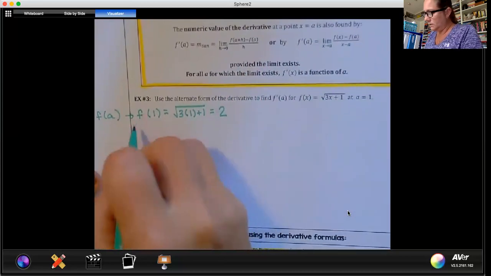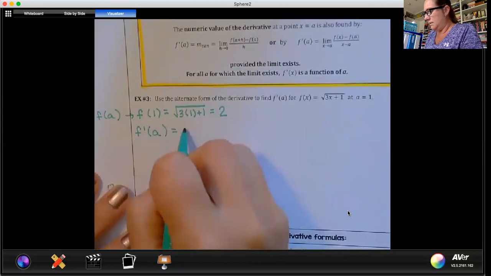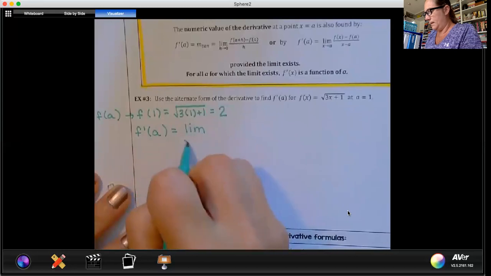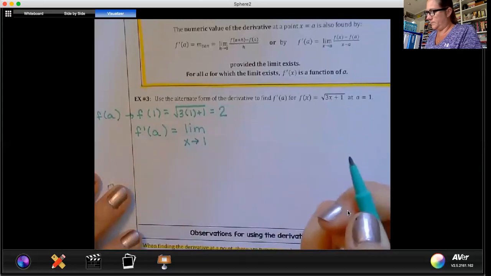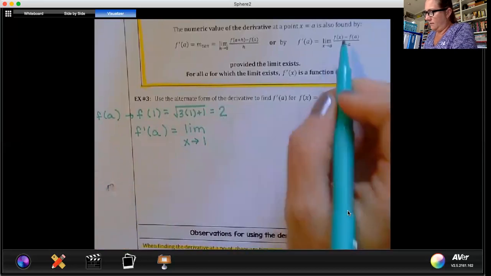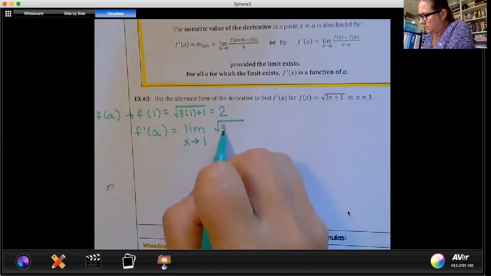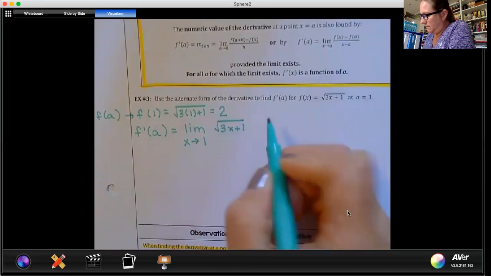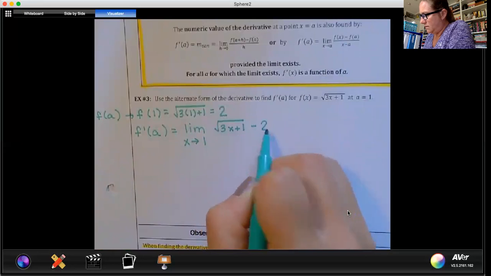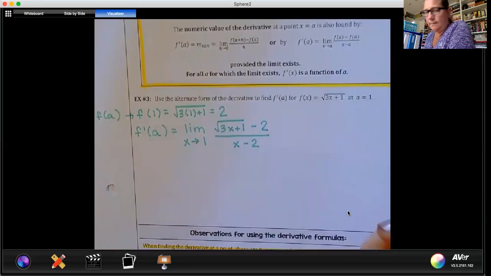Now we're going to start the process of finding f prime of a. The limit as x approaches 1, and we're going to do f of x minus f of a over x minus a.